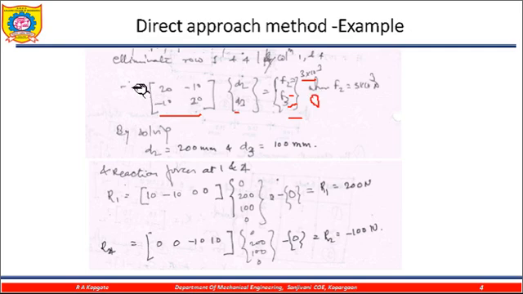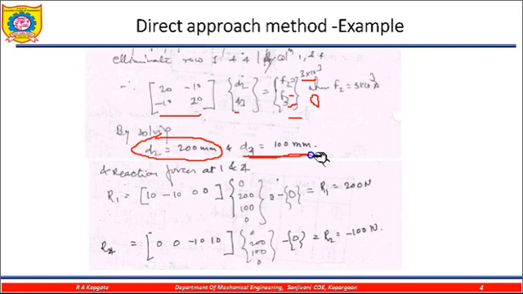I can directly write the linear equations: 20 D2 minus 10 D3 is equal to 3000, so I very easily get the value of D2. In the same way, minus 10 D2 plus 20 D3 is equal to 0, so I get the value of D3.